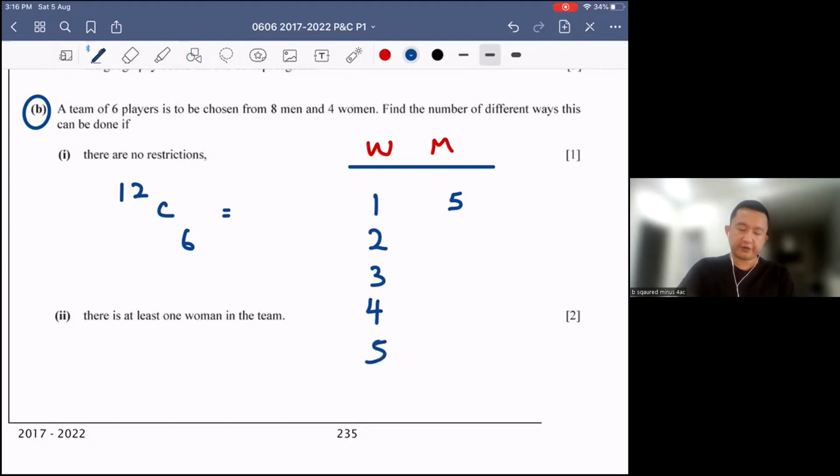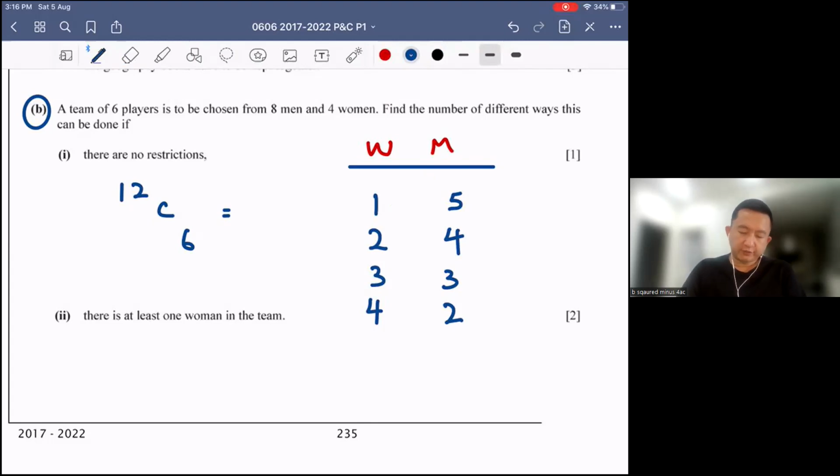Could it be 5? No, not possible. Maximum we have only 4. So no, not 5. 1, 2, 3, 4. So if it's 1 woman, then it's 5 men. If it's 2 women, that will be 4, 3, 2, am I right? So total will be 6 anyway. So there are 4 cases, am I right?